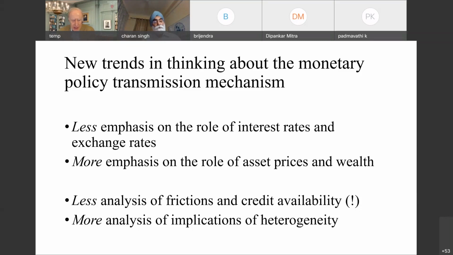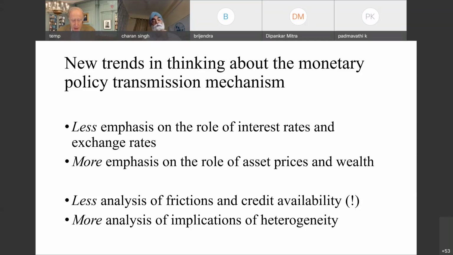So I find surprising the fact that research in the field is now paying less attention to these kinds of frictions and issues of credit availability. And maybe other people in the discussion later will tell me that there's lots of research that I'm simply not aware of. But at least sitting here in the United States, that's my observation.